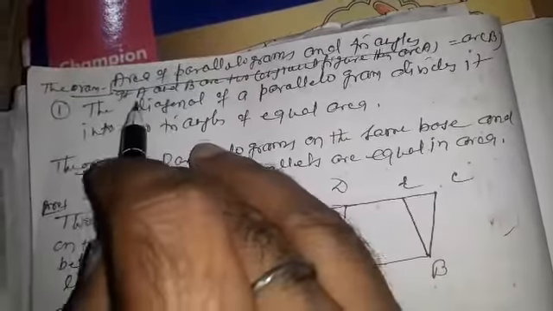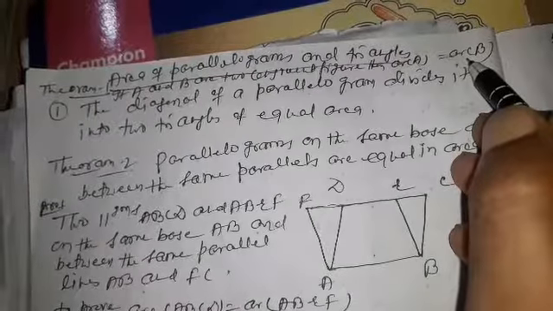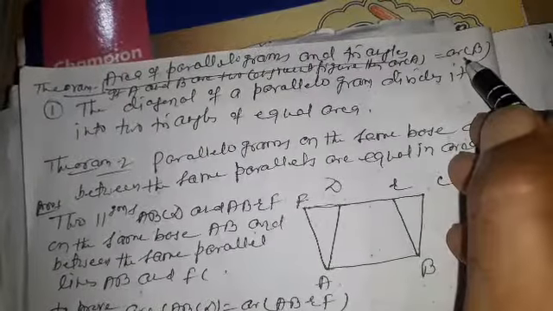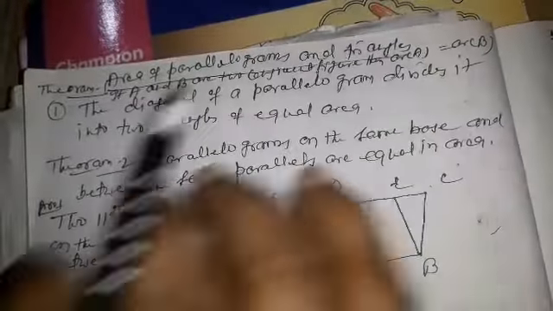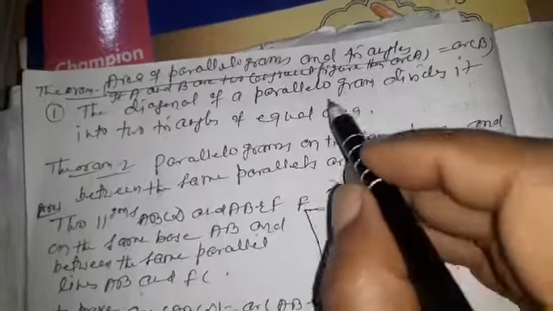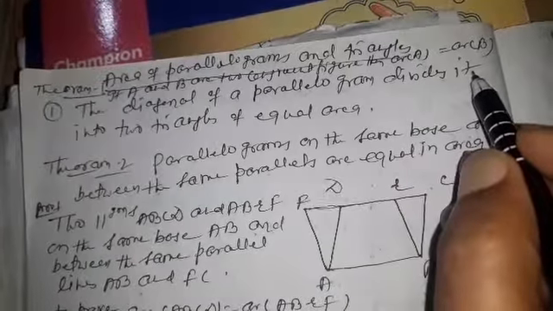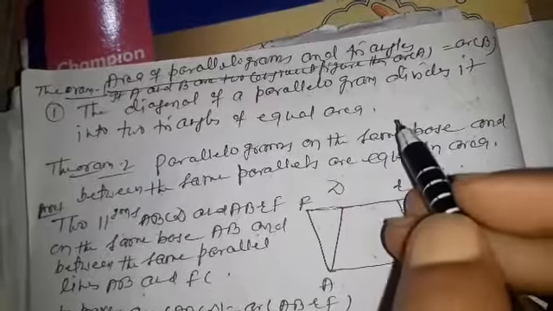Students, if two figures like A and B are congruent, then the area of A is equal to the area of B. It means the areas of two congruent triangles or congruent objects are equal. We have some properties. First property is that the diagonal of a parallelogram divides it into two triangles of equal area.